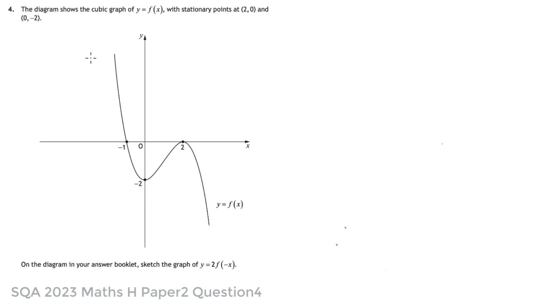Well, here's question 4. We're given this diagram which shows a cubic graph y equals f of x. That's its equation. And it has stationary points at 2, 0 and 0, negative 2. And we're asked on the diagram in our answer booklet to sketch the graph y equals 2 lots of f of negative x.